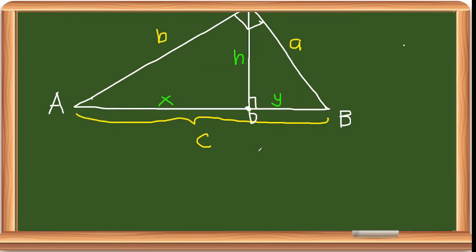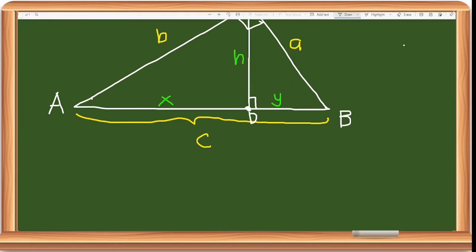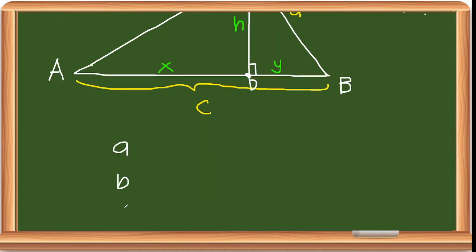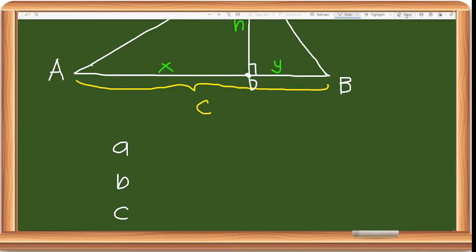Okay. Kapag you were asked to get the measurement of A, B, and C here. No? So we have A, B, and C. No, A, B, and the H. Yung H, which is the altitude.